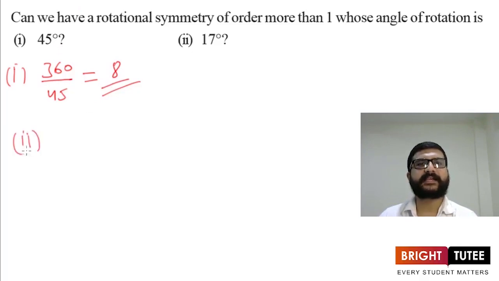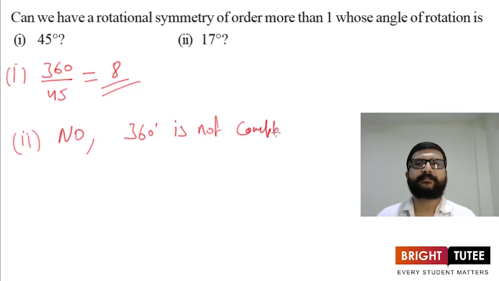Now let's see the second part of the question. If the angle of rotation is 17 degrees, can we have a rotational symmetry of order more than 1 whose angle of rotation is 17 degrees? No, we cannot, because here 360 is not completely divisible by 17. We can write it here, 360 is not completely divisible by 17.